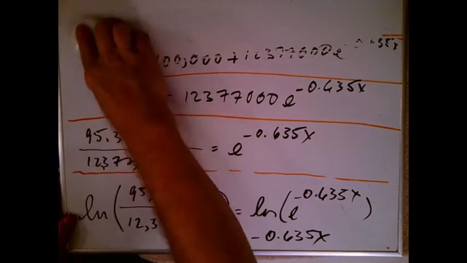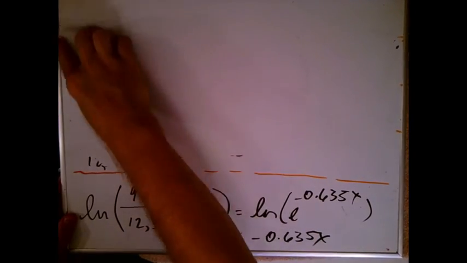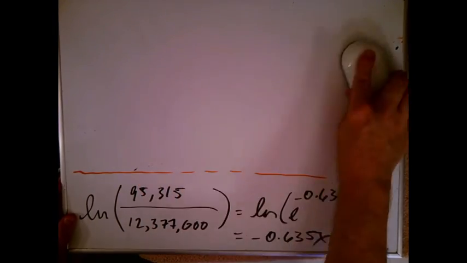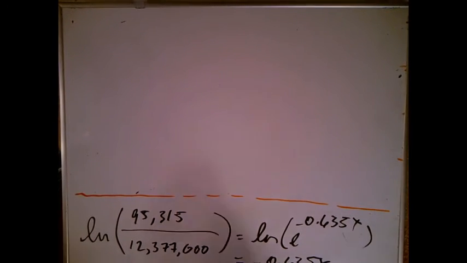I'm going to go to the top. Let's get a little more room to finish this problem. I'm just going to divide both sides by negative 0.635. So here we go.